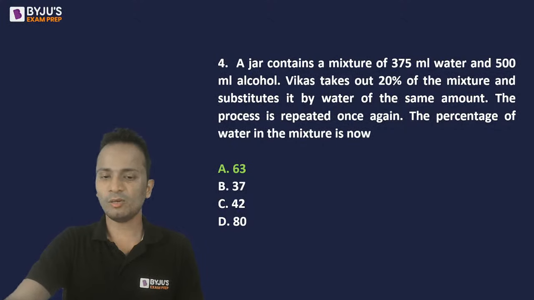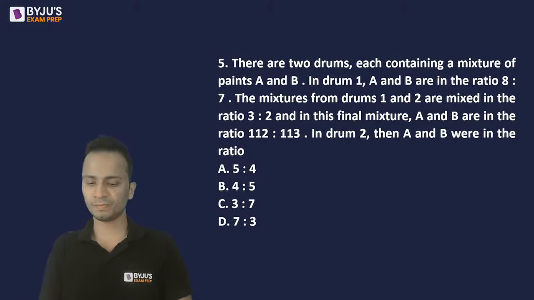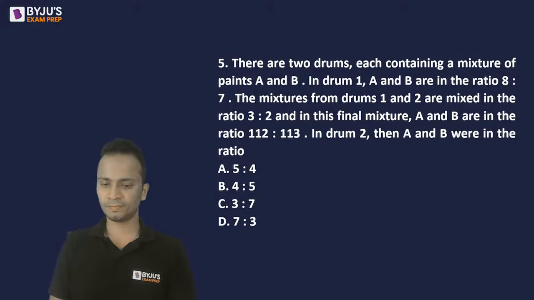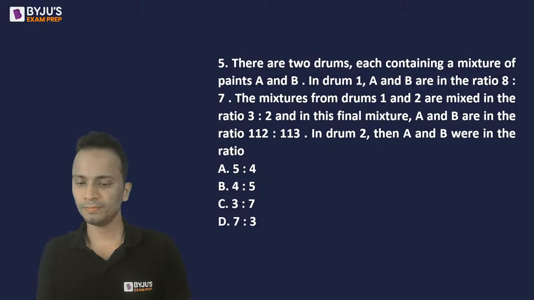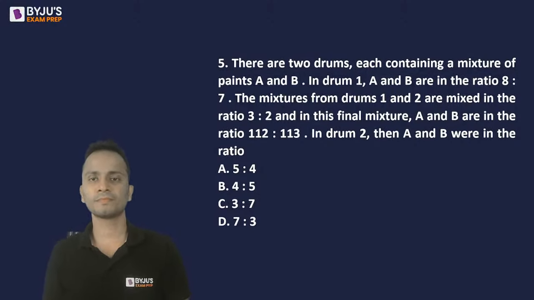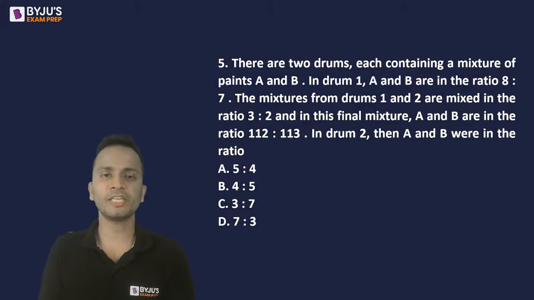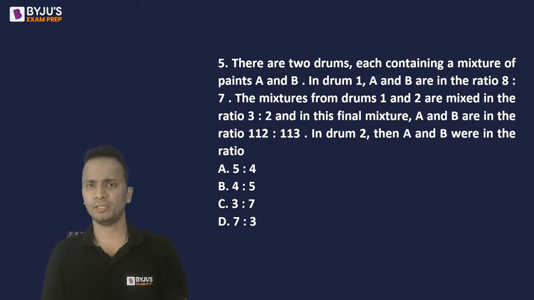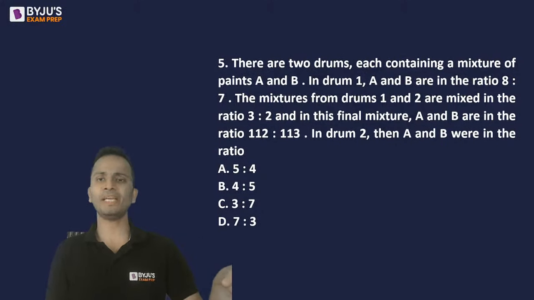Let's quickly move on and look at the next question. Question number 5. Question number 5 says there are two drums, each containing a mixture of paint A and paint B. Drum 1 has paint A and paint B in the ratio 8 is to 7.